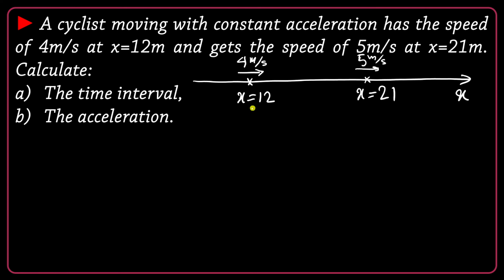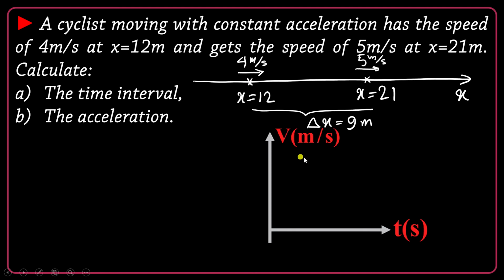Okay, here I see the displacement of 9 meters. During the 9 meters, it has raised the speed from 4 to 5. Let's draw the VT graph again. The VT graph must be something like this, with constant acceleration as mentioned here.